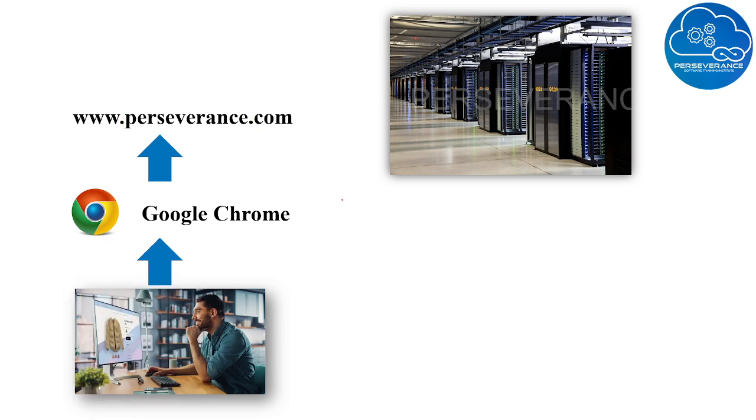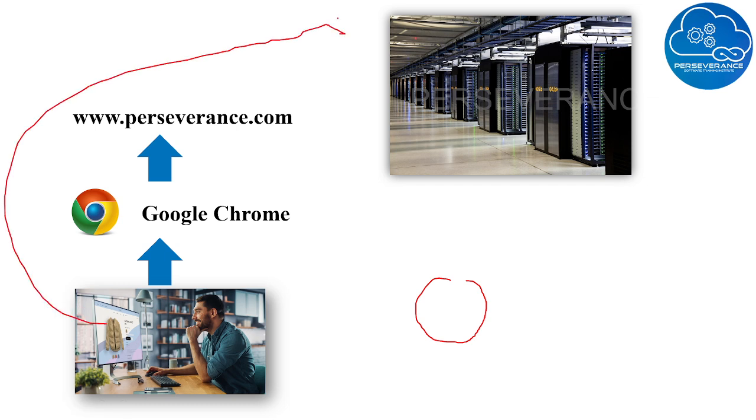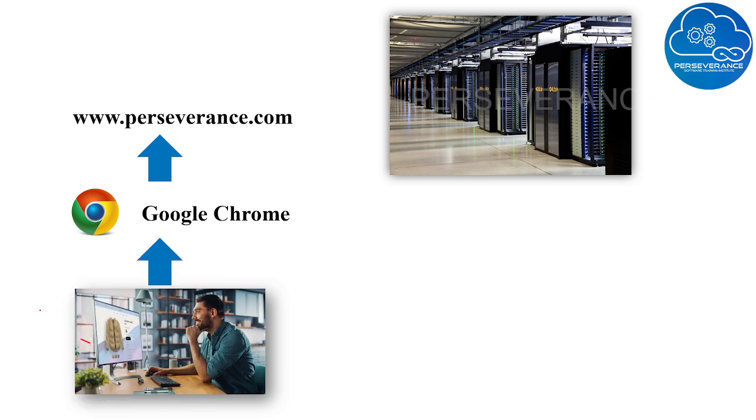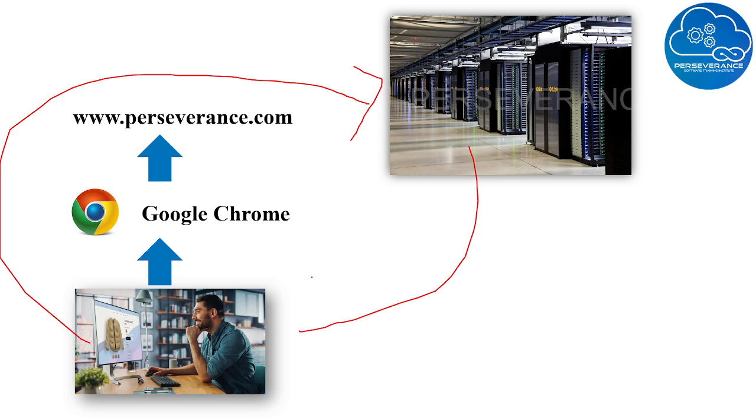All right, fine. When we request something on the browser, it shows something like this, loading and all, right? The meaning of that is, when the user requests something, it goes somewhere. It is a very huge computer in which perseverance.com is available, and from there we get the response. In that cycle, it shows the loading symbol like this.